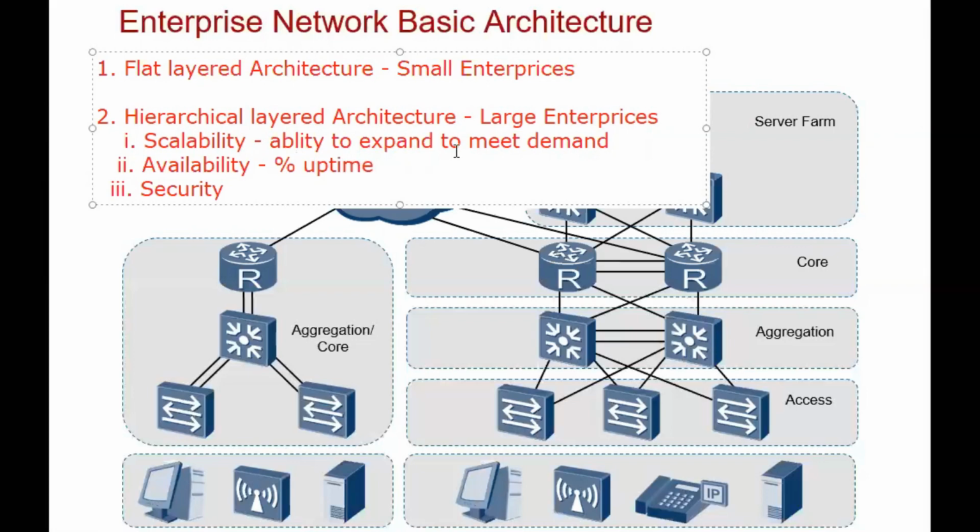Generally, your network is supposed to be up like 99% of the time. With layered architecture, we are able to ensure that it's up because we offer what we call redundancy. I'm going to show you what redundancy is in a short while.